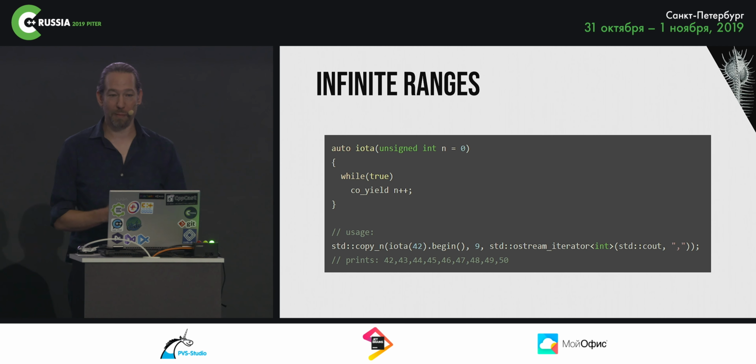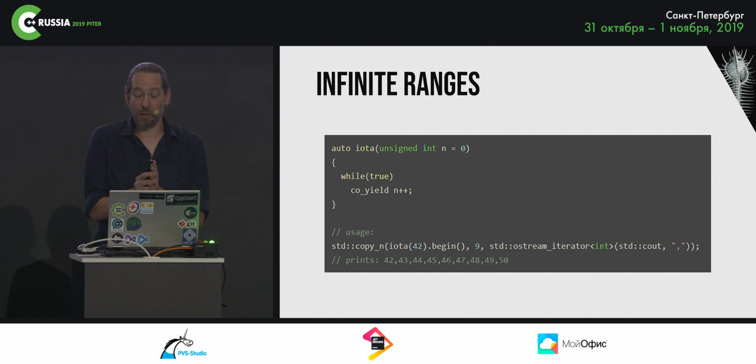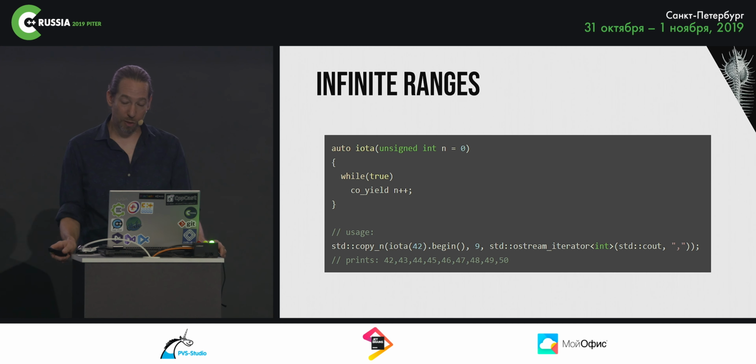Obviously, single element ranges are not very interesting. They're actually rather boring. However, since coroutines are lazy, we can easily generate infinite ranges. So in this example, the infinite loop will suspend at every iteration and yield the current value and only resume on demand. So we have this function iota. It takes a value n, and then it just returns n incremented by 1 until it reaches, well, it won't reach infinity.